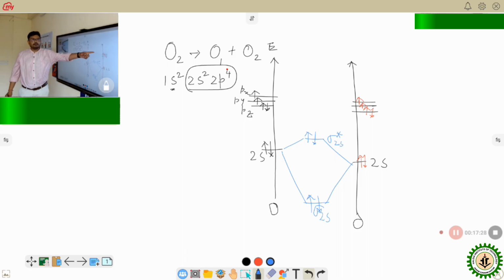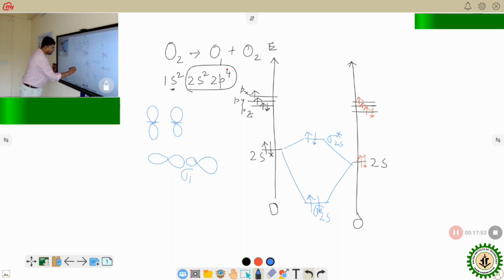Now for the p orbital we can have two possibilities, because we already know the p orbitals are dumbbell shaped. That means if these two p orbitals form a molecular orbital in a head-on fashion, then the sigma p orbital will form. This is sigma p, and if they form the molecular orbital by side-on overlap, then there will be pi orbitals.